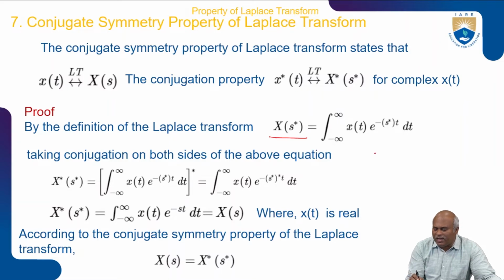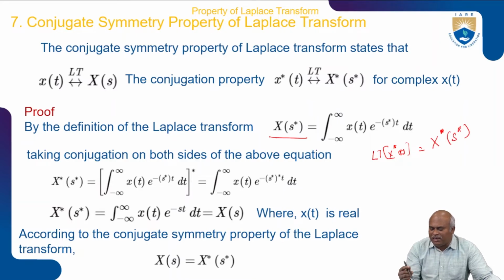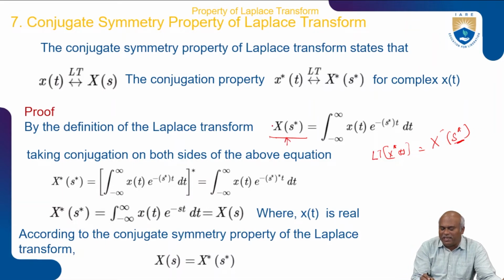Now, if you write the Laplace transform of x*(t), we should write X*(s*). Wherever s is present, it is going to become the complex conjugate value, so I should take x* here, and I removed this star.